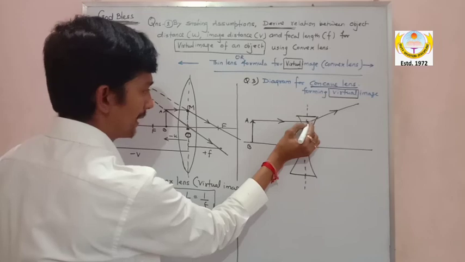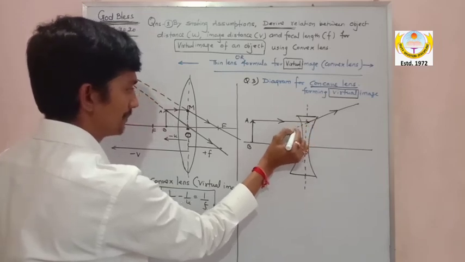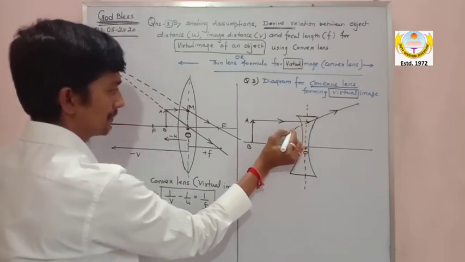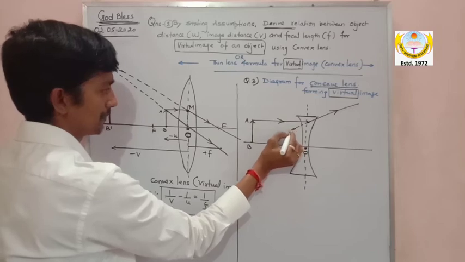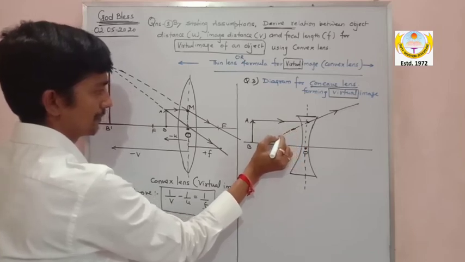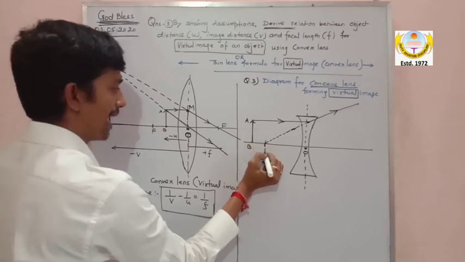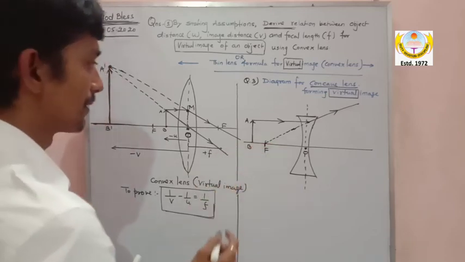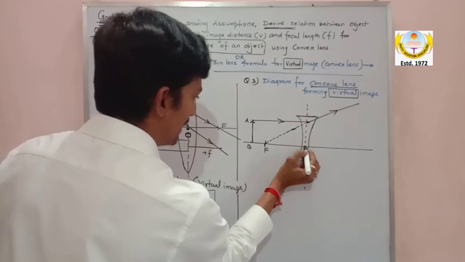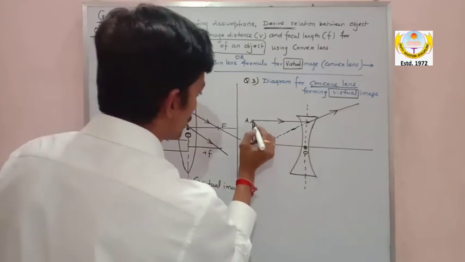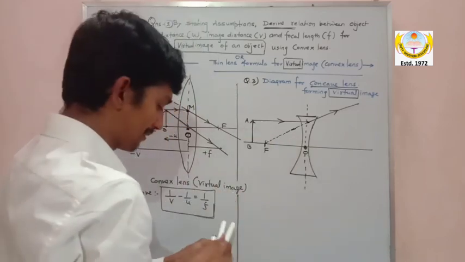And this will become at the back, and it will pass through the principal focus. Similarly, another ray from this will pass through the optical center like this.